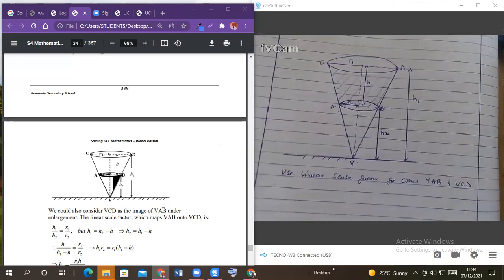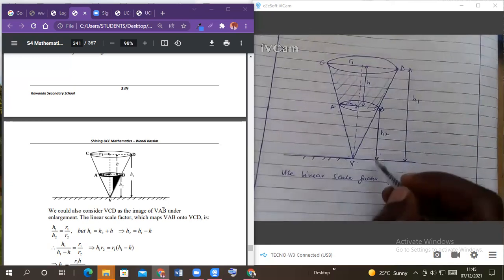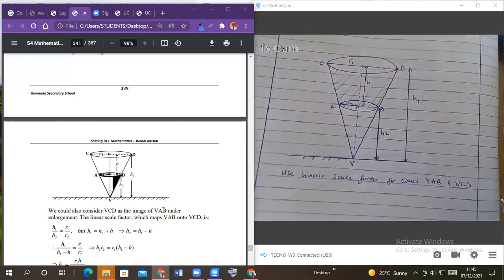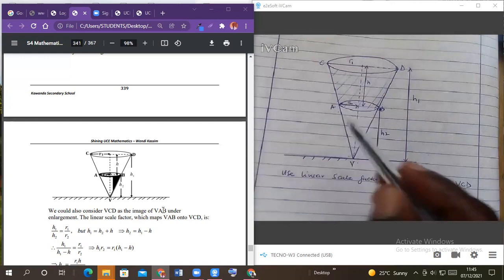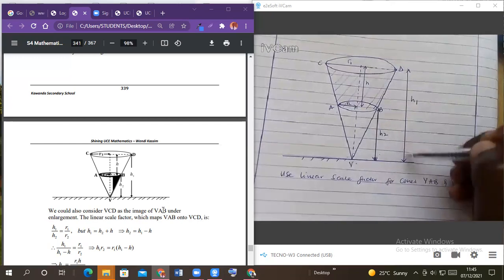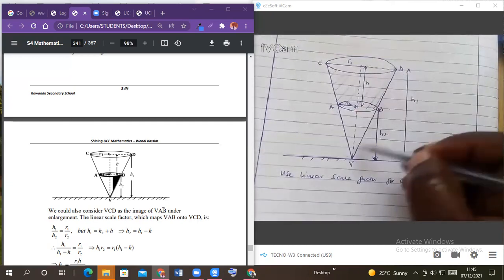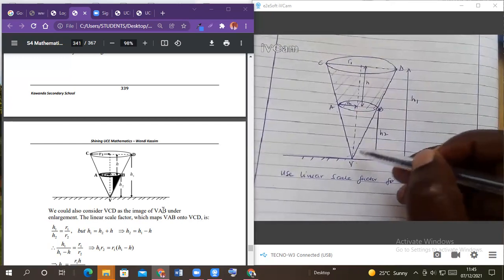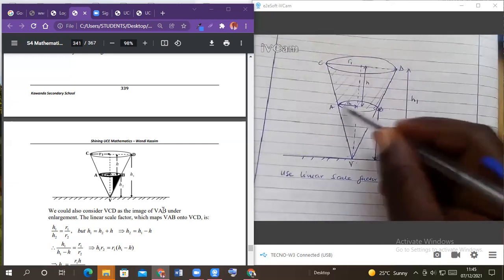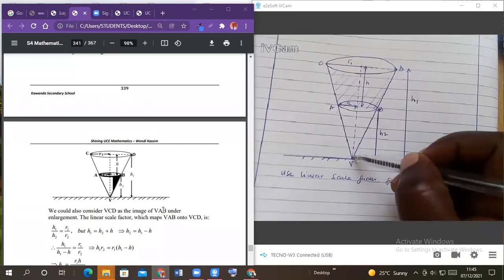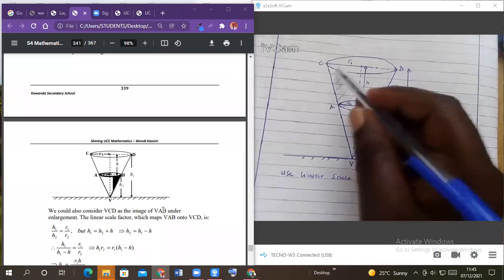Let us use that property of the linear scale factor of enlargement, whereby we say the height of the image over the height of the object. The height of the image is H1 because the bigger one was the image. The object was VAB, which was very small, and then it was enlarged to a bigger cone, VCD.